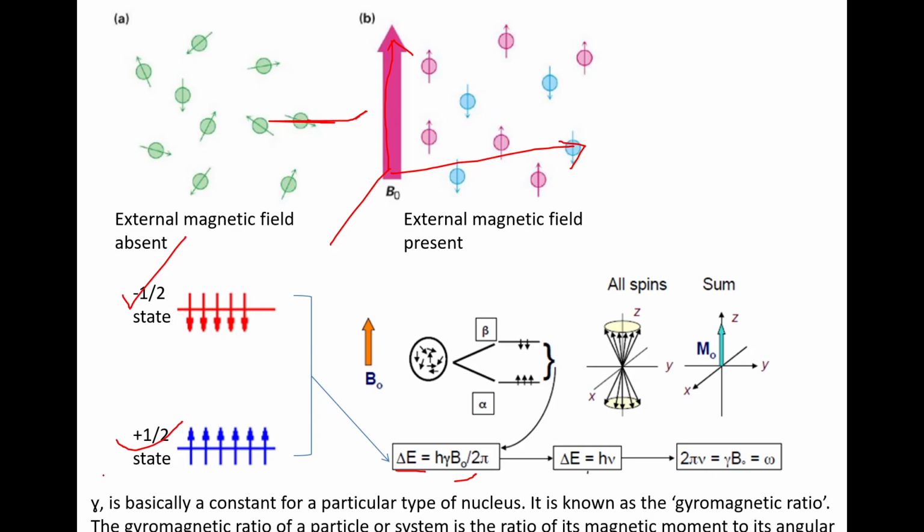That gyromagnetic ratio is different for different nuclei, and it is the ratio of its magnetic moment to its angular momentum. So for a proton, it has a different gyromagnetic ratio. For nitrogen, it will have a different gyromagnetic ratio. And for every atom, there will be different gyromagnetic ratios. And this energy difference is defined by this formula, that is h gamma B naught by 2 pi.